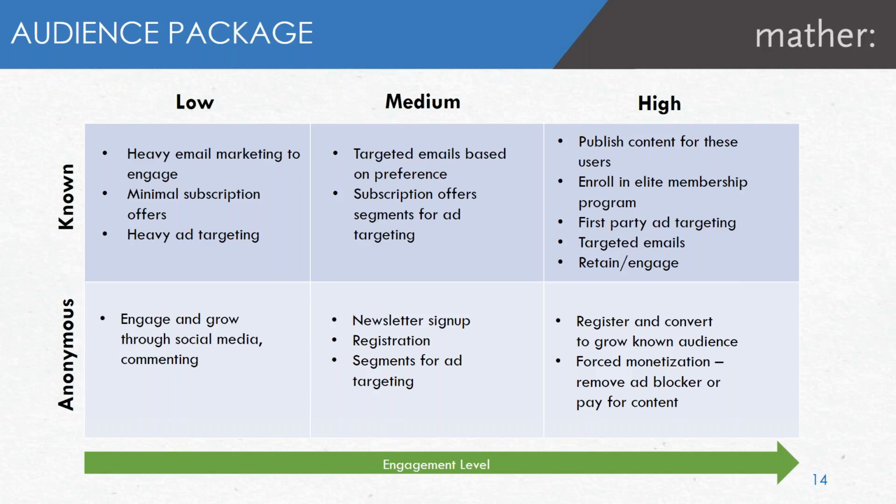So the approach that we would perhaps recommend with this data and these audience analytics is to take the people who are moderately engaged, not quite as engaged as some others, and sign them up for newsletters, register them, and essentially turn them into a known user so you can target them with email subscriptions, offers via email and paid offers after the fact.